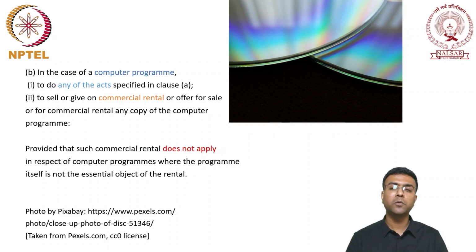I'm sure all of you must be in a position to answer this. You must all be saying that a computer program is a literary work, and therefore, whatever is made applicable to literary works should ideally apply to computer programs as well. Well, under Section 14 clause B, that is exactly what the first provision says: to do any of the acts in clause A.